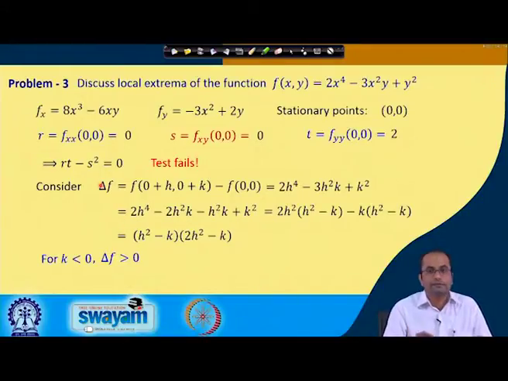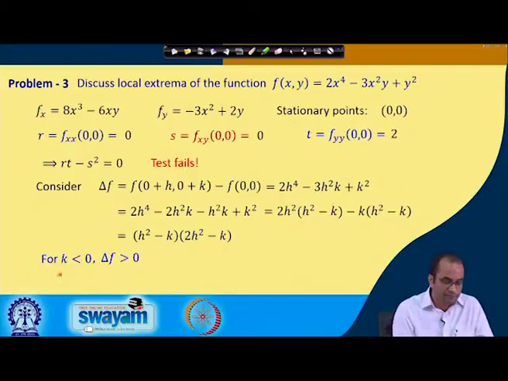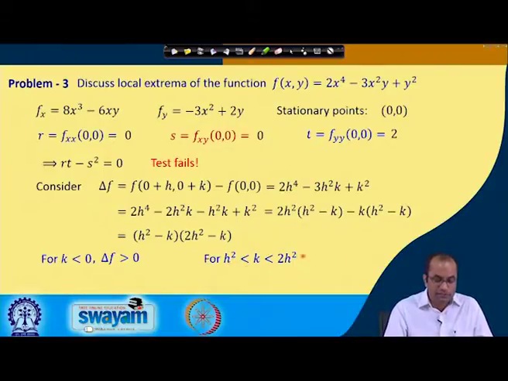So, here we have seen that for k less than 0, delta f is positive, and in the other possibility we will choose our h and k such that k is bigger than h² and less than 2h². By choosing this, we are not restricting our neighborhood, we can go as close as to the point h equal to 0 and k equal to 0, with k greater than h² and less than 2h².